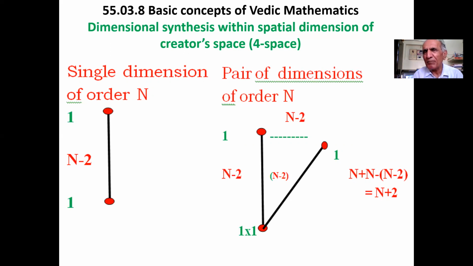And when we will be having a pair of such dimensions, then we will be having synthesis for the second dimension at the beginning endpoint. And this will be a transition from a pair of zeros to a pair of singles, zero dimensional to linear dimensions. 1 cross 1 is 1. It will remain a single entity.